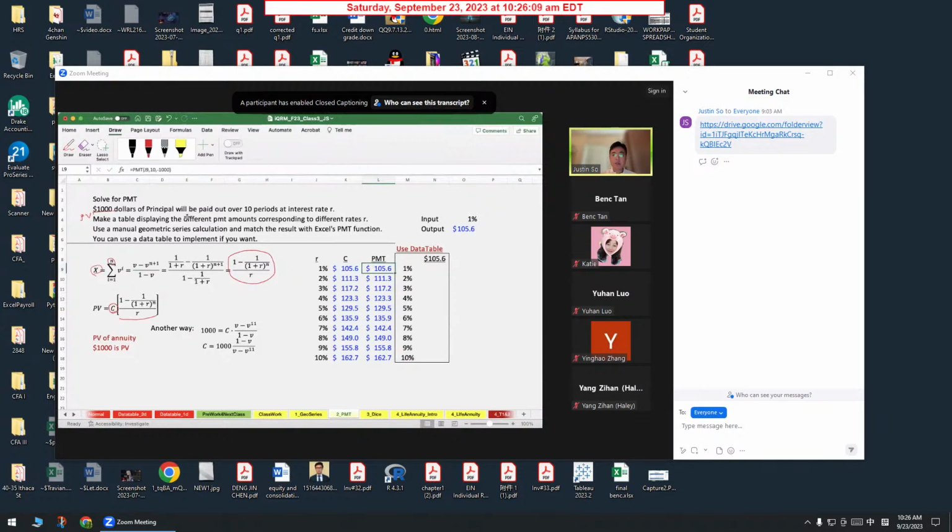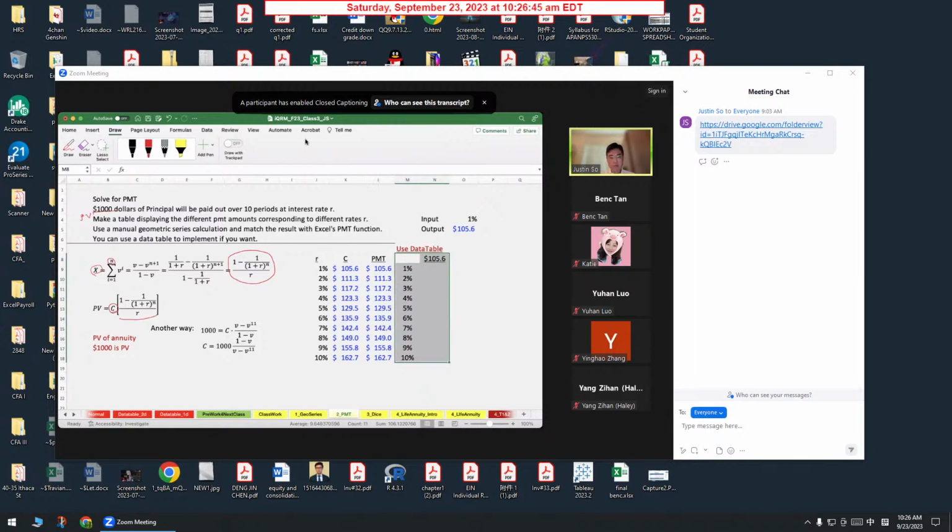Now if you use the data table, you build this one. Input is a percentage, and output you have this formula, right? Manual formula. That's a discount factor, 1,000 divided by this. But now for the first one-dimensional data table, up top, all different inputs in the column. So what do you do?